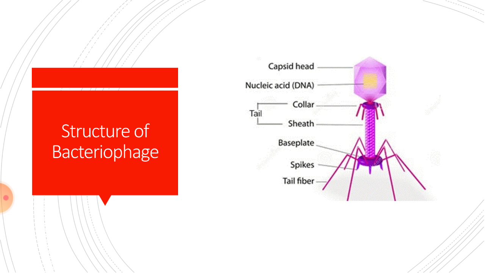And here in this slide you can see another virus, that is the bacteriophage, a virus which infects or attacks bacteria. So it is the smallest virus of all, below the size of bacteria. That is why it can infect bacteria.